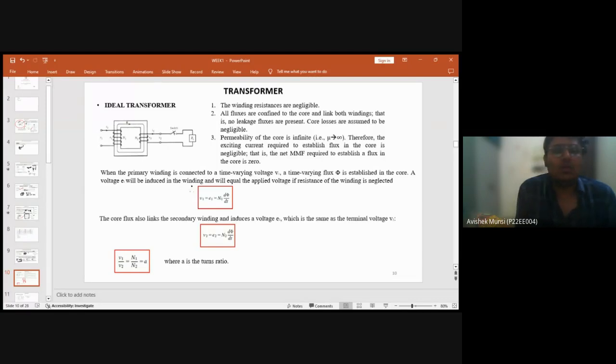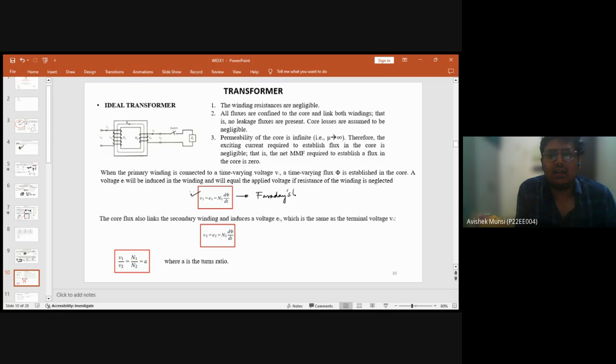So if we have a primary winding connected to a time varying voltage, suppose V, then obviously a time varying flux is established in the core, due to which a voltage E will be induced in the winding. So V1, E1 is equal to N dφ/dt according to Faraday's law, which I discussed.